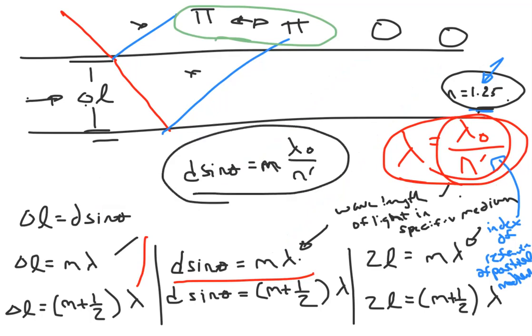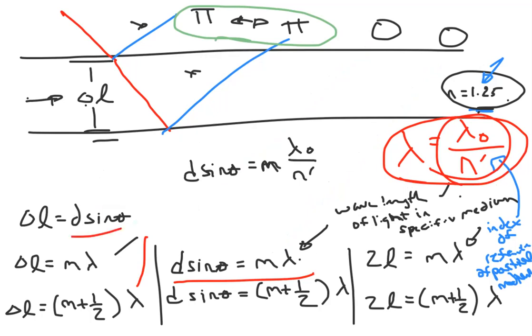That's what I mean, because you might use this equation instead of just this one. And that d sine theta acts as the path length difference. You can look in your book, it's relating the angle to the path length difference.